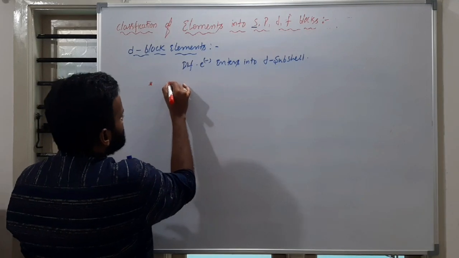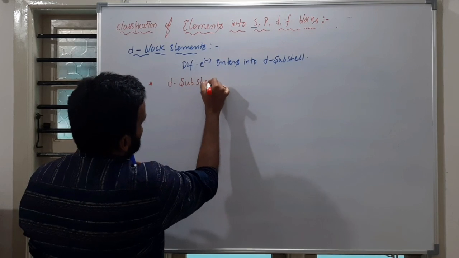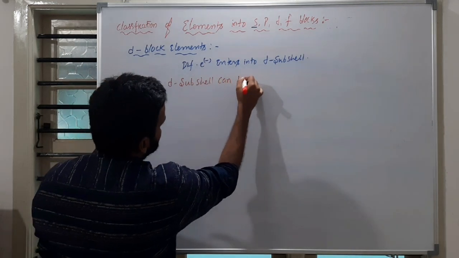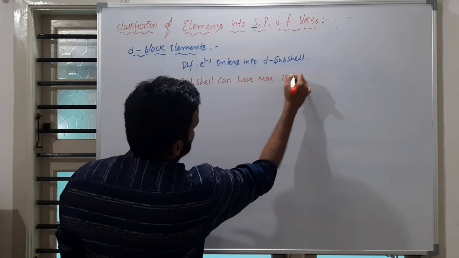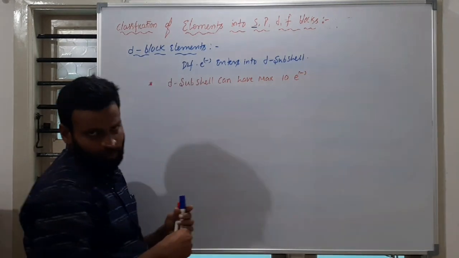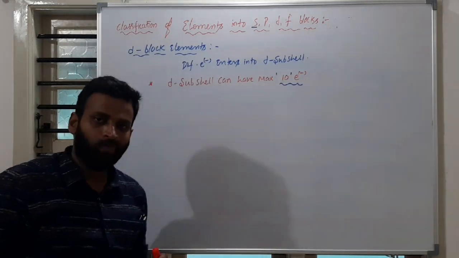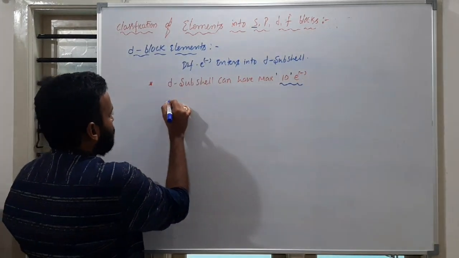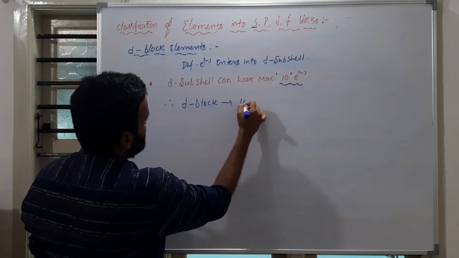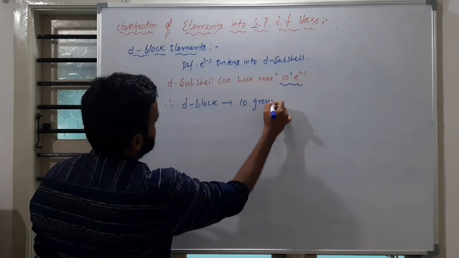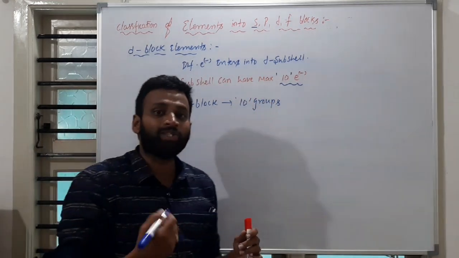So the D subshell can have a maximum of how many electrons? A maximum of 10 electrons. Therefore, in the D block how many groups are present? 10 groups. How many groups in the P block? 6 groups.